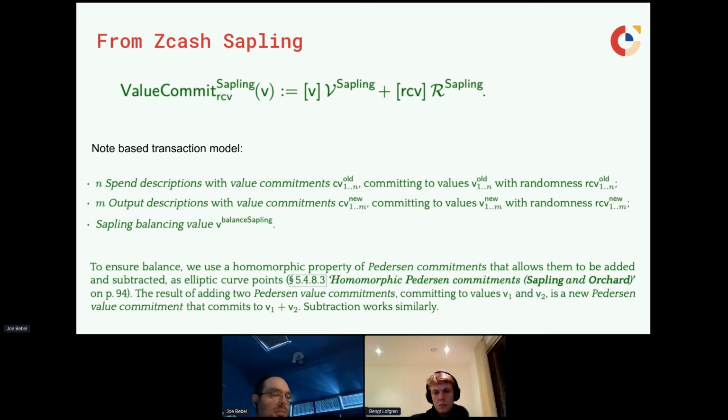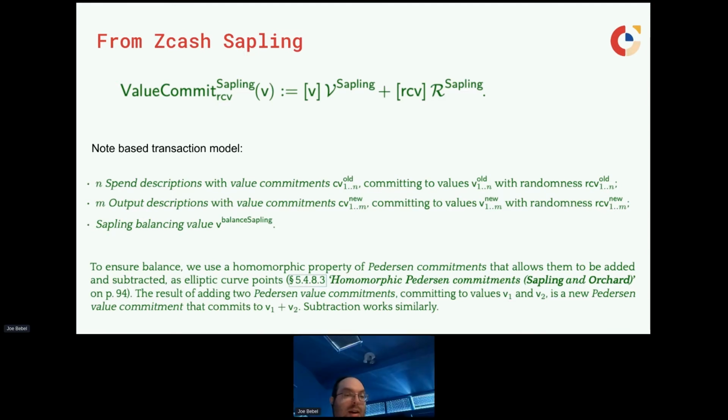We can just compute, for each note, each value commitment corresponding to that note, and sum the value commitments up outside of the circuit, not in zero knowledge, because the value commitment is hiding, so it already doesn't reveal what's inside.